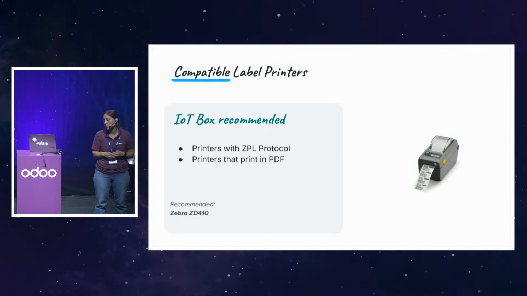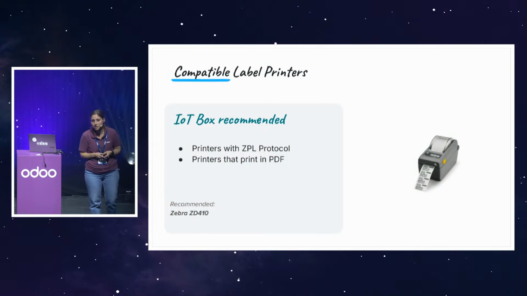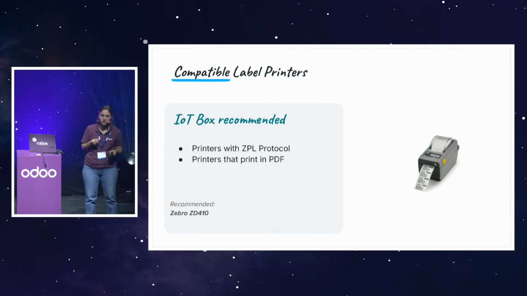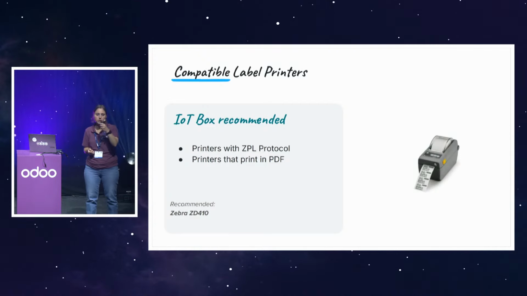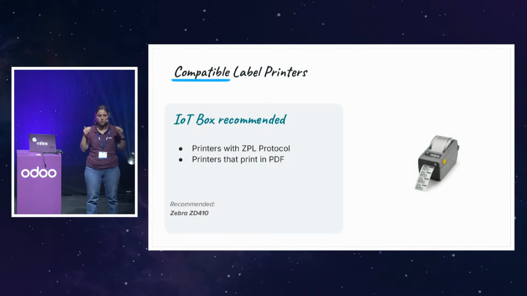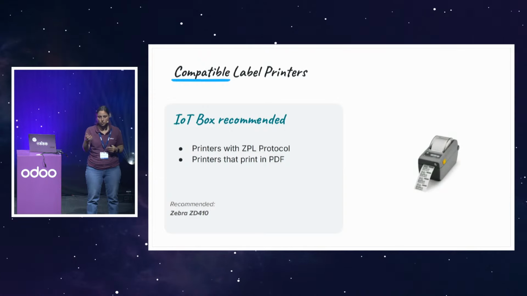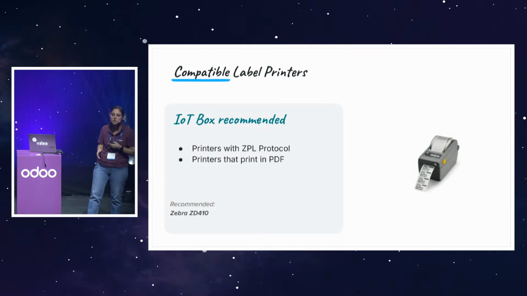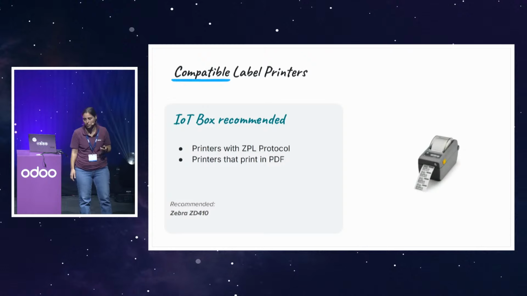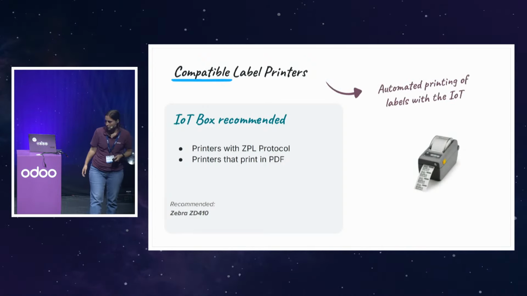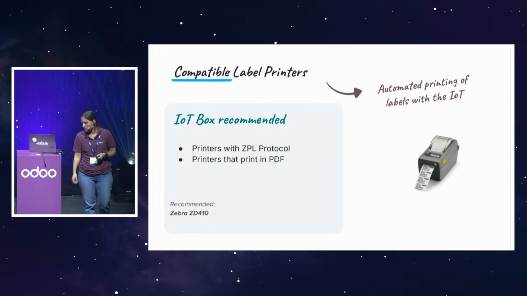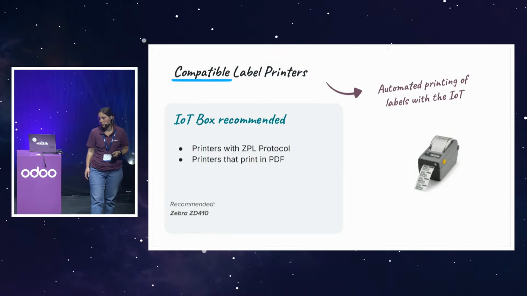It's going to work with Odoo, and you can also print in PDF. But having the IoT is going to make sure you can link the report with a printer and that you don't need to download the file, open it, and choose a printer each time. It just sends the information to the printer you have linked. So indeed, automated printing with the IoT.